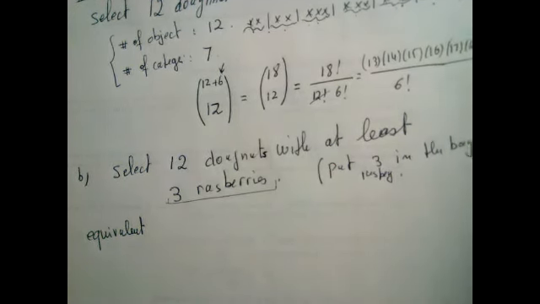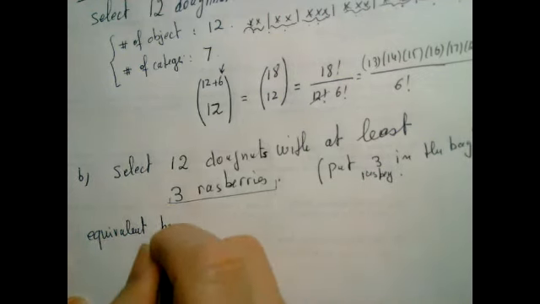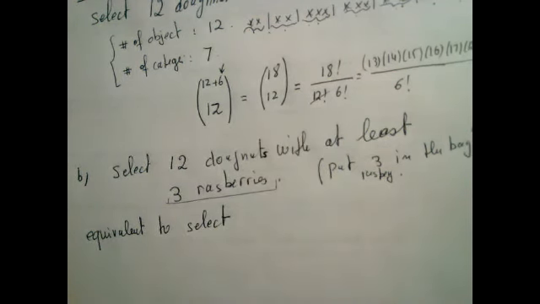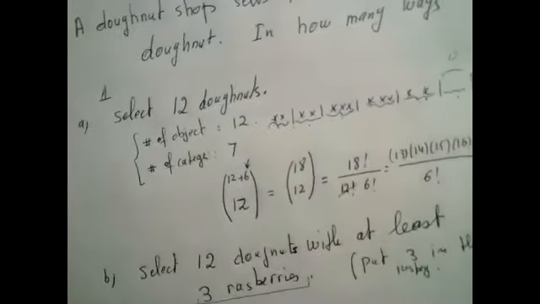We had 7 kinds, and you want to pick 12. So that's equivalent to selecting what?